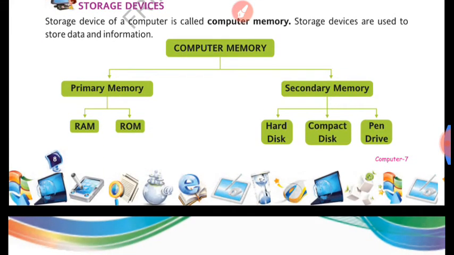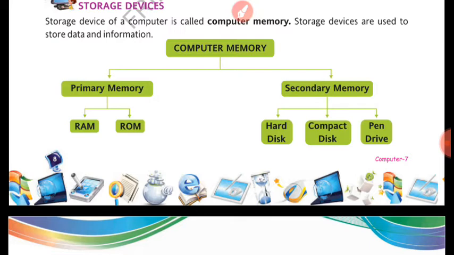Next is the storage device. As we have a brain, why do we have a brain? To remember, to keep some data, to keep some information. In the same way, the computer also has a storage device which stores the data. There are two categories: primary memory and secondary memory.